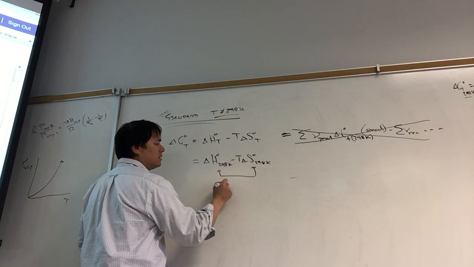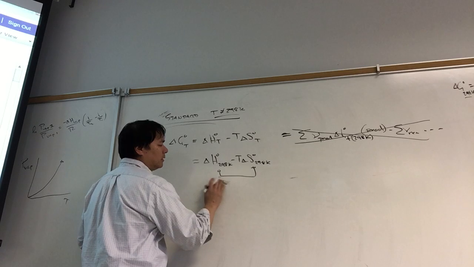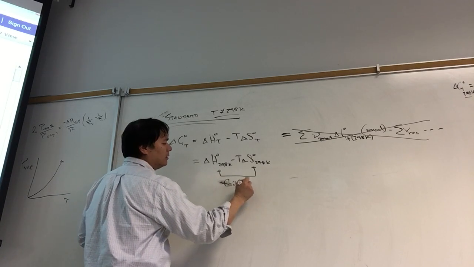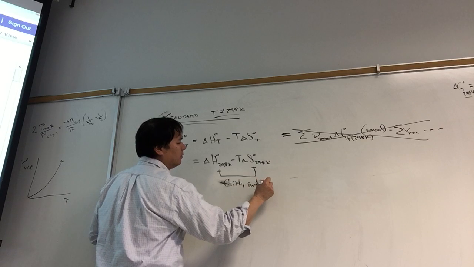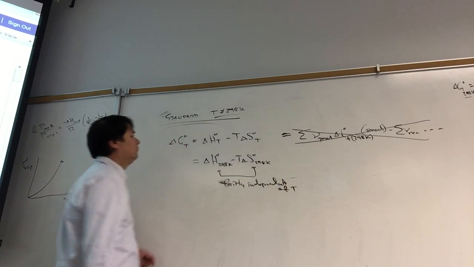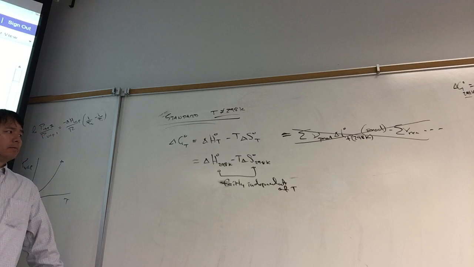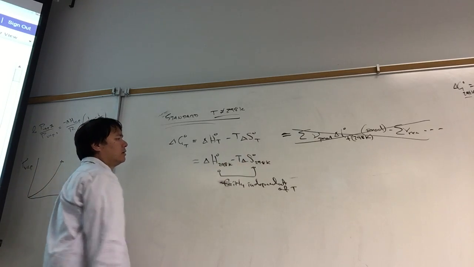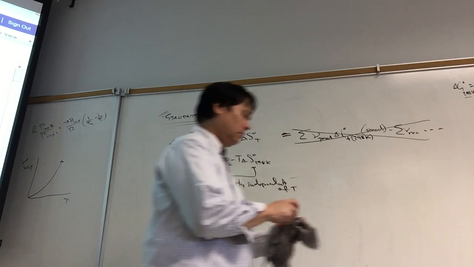And so we'll just say fairly independent of temperature. Okay. Yeah, I mean, it's going to change, but it's going to lead to an error. But oftentimes we don't have the delta H and the delta S at the desired temperature.